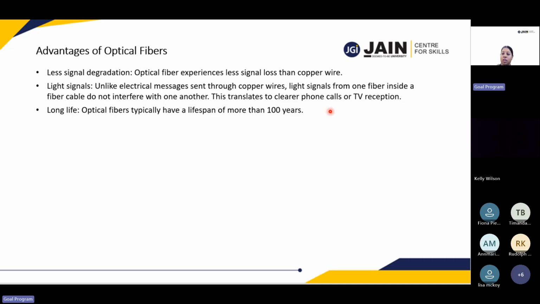We can watch channels on the TV, and there is a smooth connection provided to the internet also. So two communications are going on. In general terms, two light signals are passing, suppose one for phone calls and one for TV reception. Both are not interfering with each other. Long life: optical fibers typically have a lifespan of more than 100 years.